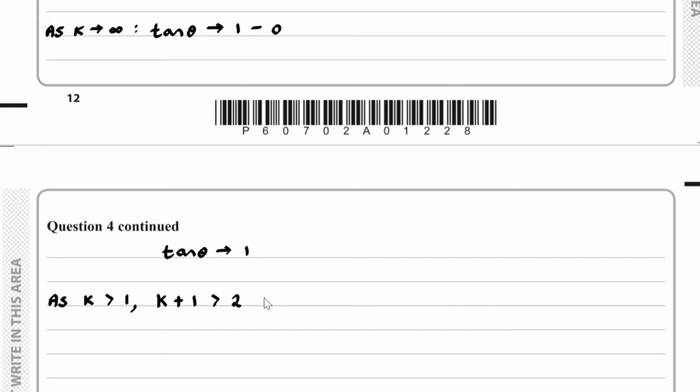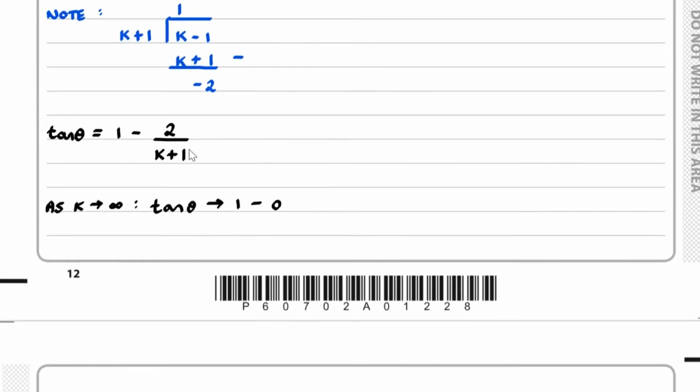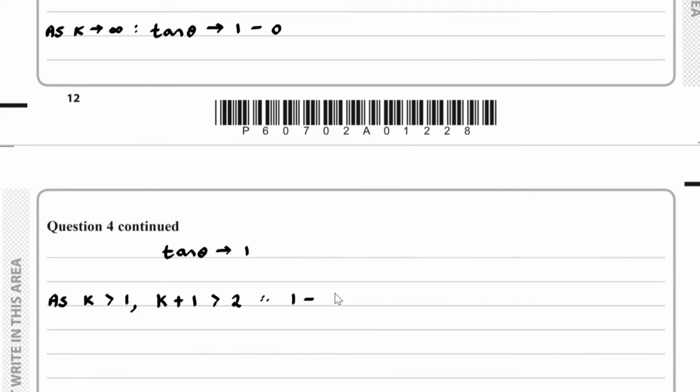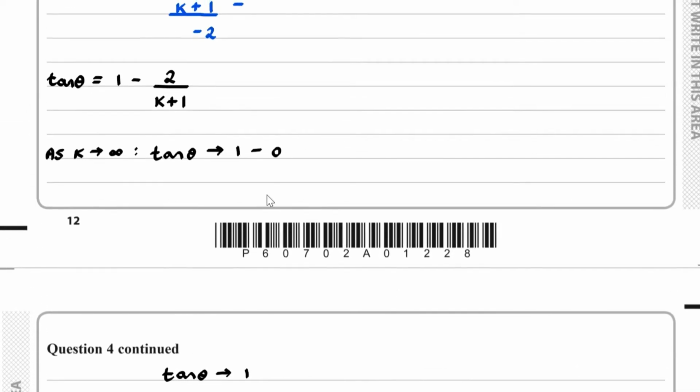Which means that 1 minus the 2 over k plus 1, well, let's think about it.